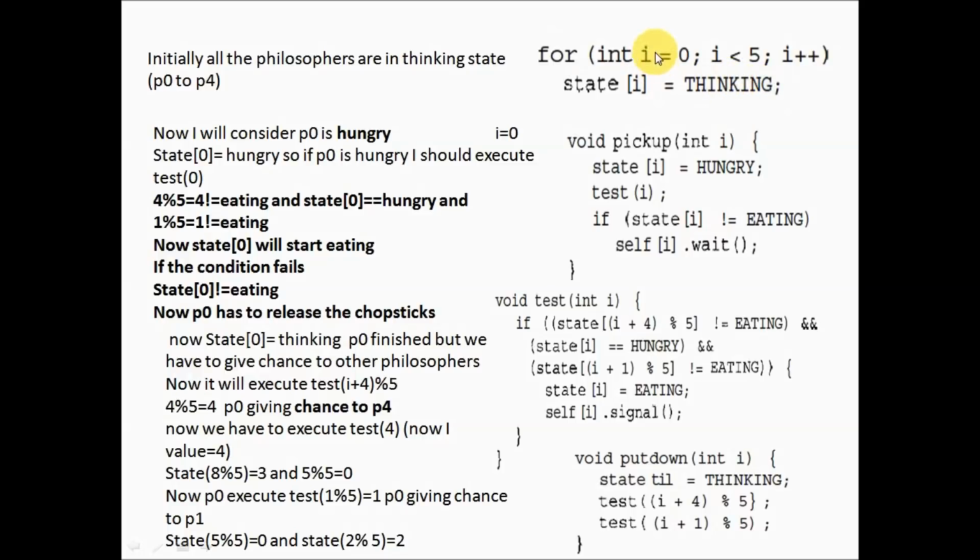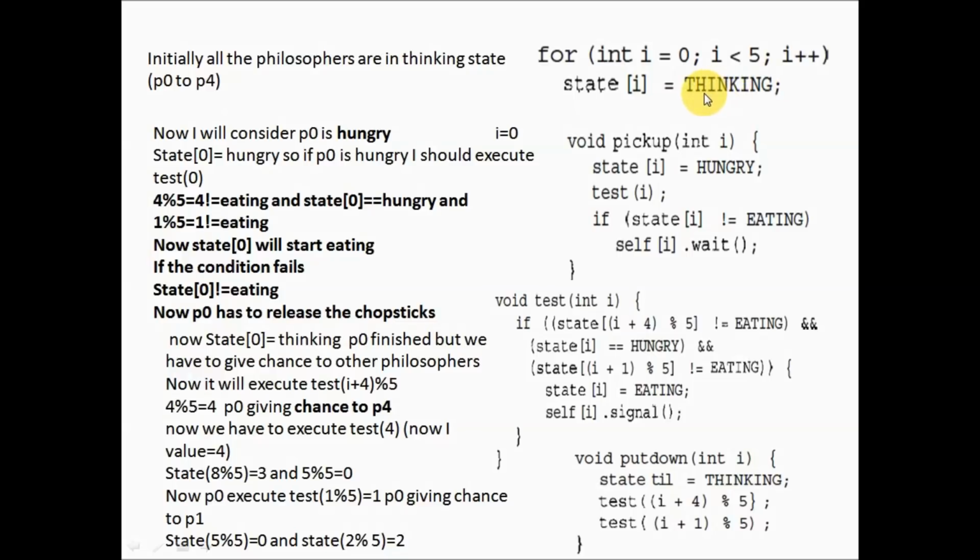Starting from 0, philosopher P0 will be in a thinking state. Again it will increment, I will become 1, so state of 1 will be thinking. From P0 to P4, all the philosophers will be in a thinking state initially. This is the initial state.